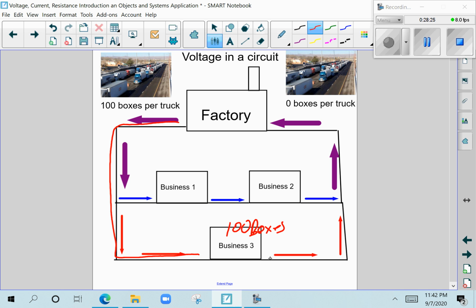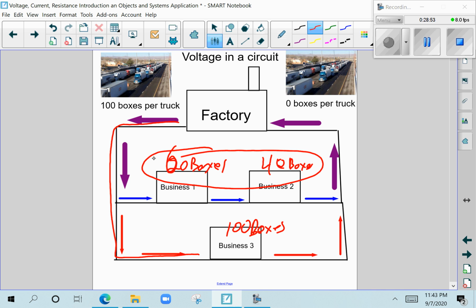So if business 1 takes in 20 boxes, then business 2 must be taking in 80 boxes to equal the 100. If, for example, business 1 though was taking 60 boxes, then business 2 could not take 80 possibly. It would only be able to take in 40. The bottom line is these two amounts here always have to add up to what the factory is offering.